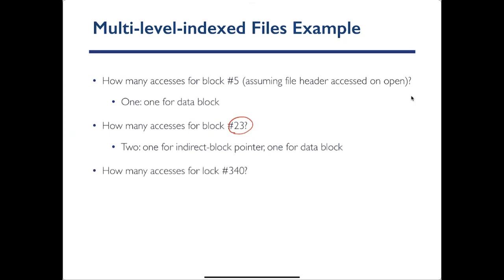What about 340? You can see that this is going to require 3 accesses. You access the first one, the triply pointer, the second level, the third level, to eventually find your data block.